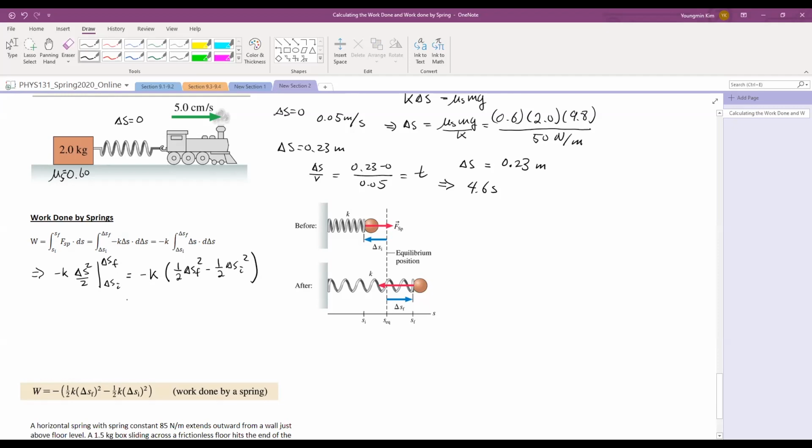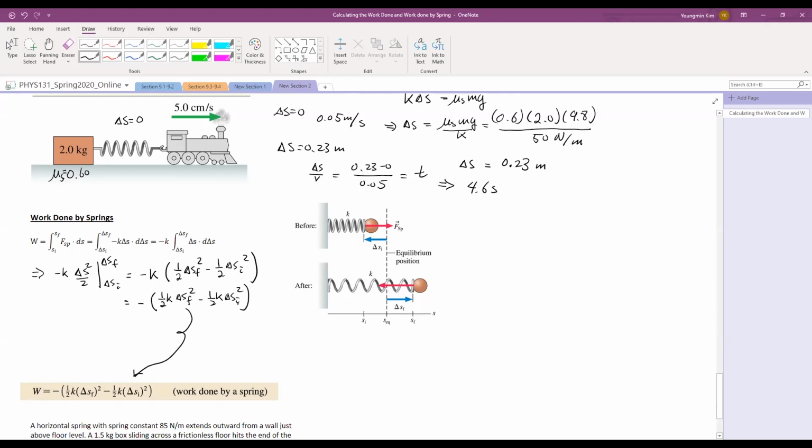When you distribute them out, let me just write it once again here. We'll put the minus term here: minus 1/2 k delta s final squared plus 1/2 k delta s initial squared, and that's the expression that you will find in the book, the work done by a spring.